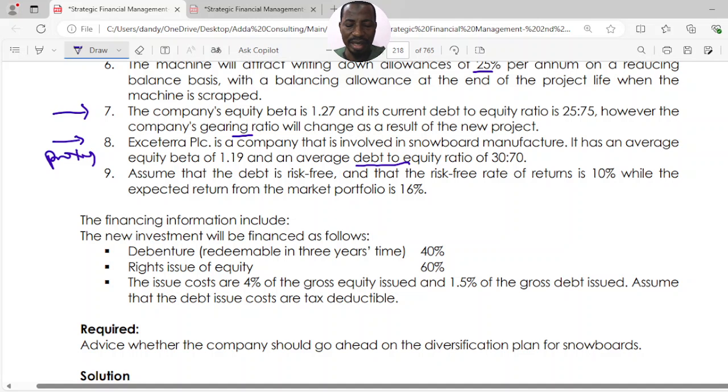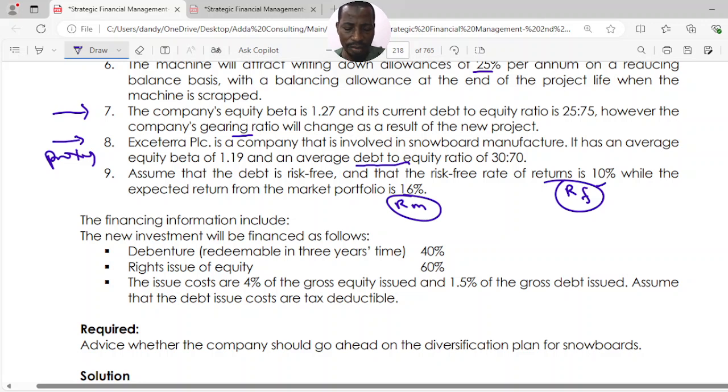Then number 9, assume that the debt is risk-free and that the risk-free rate of return is 10%. So here is the risk-free rate of return, which is 10%, while the expected return of the market portfolio is 16%. So here is the market return, 16%.